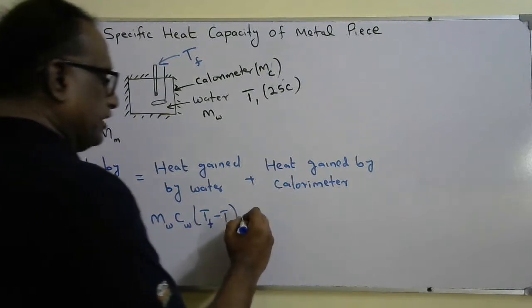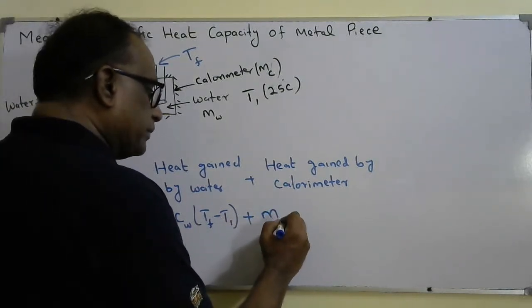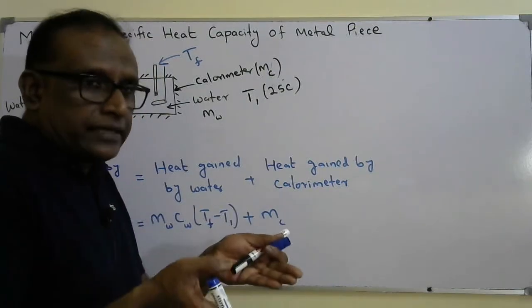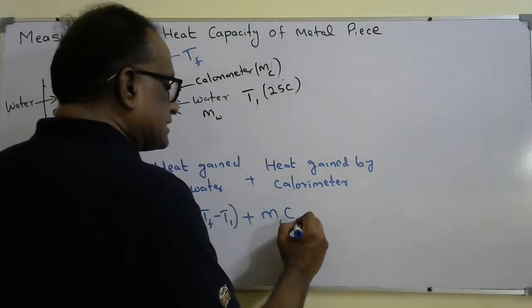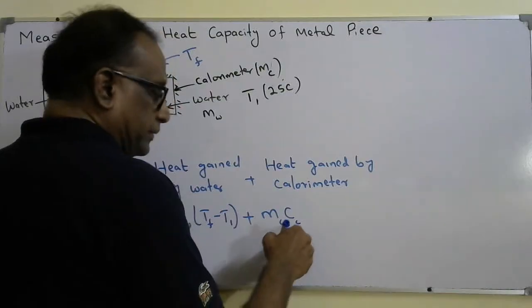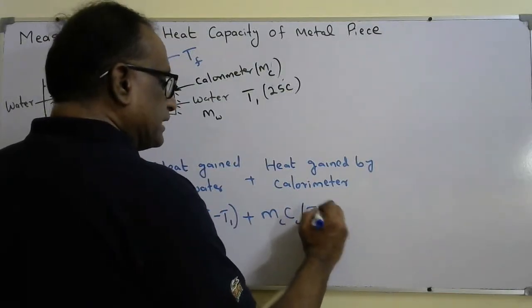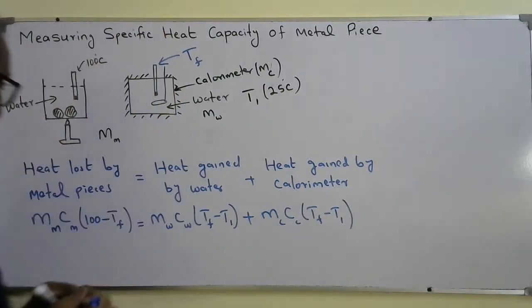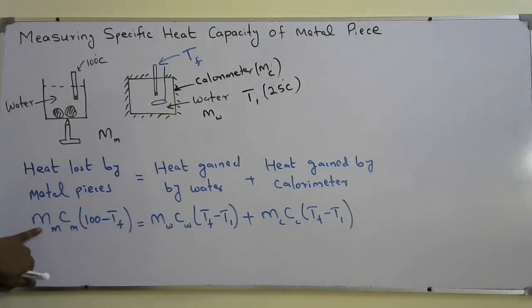Same way, for the calorimeter, we must know the mass of the calorimeter container. We must know the specific heat capacity of the calorimeter, mostly it's copper, but I'll put Cc. So its temperature is also increasing to TF from T1. Okay, so here we know all the quantities. We know the mass of the metal. Cm we are going to find; this is the unknown.